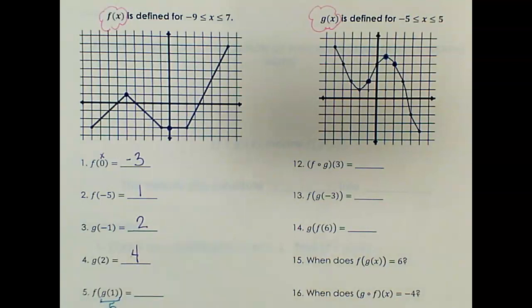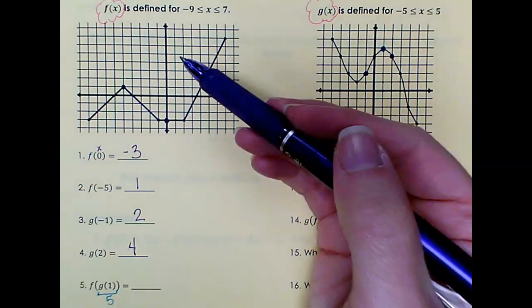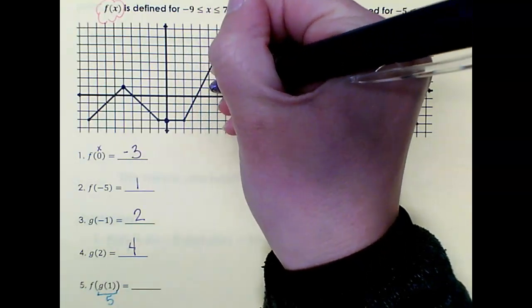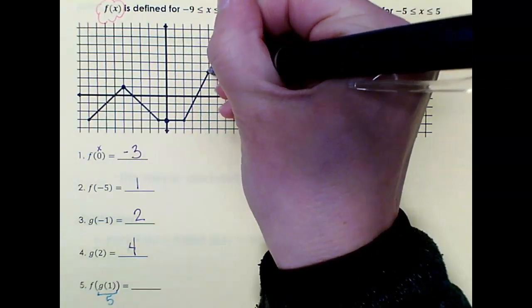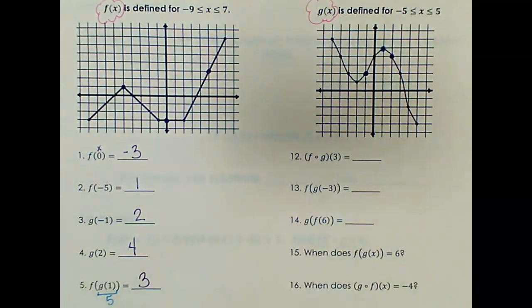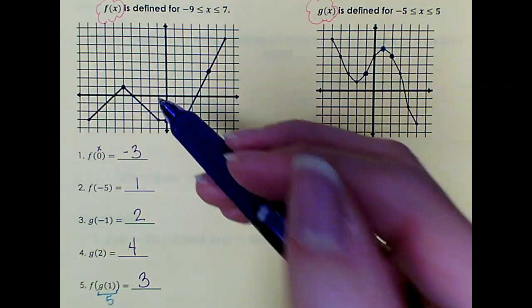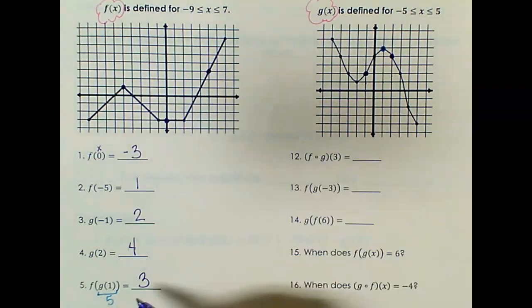So now my task is to find f of 5. Well, in the f function, if I go to 5, 1, 2, 3, 4, 5, I have to go up 1, 2, 3 to get on the graph. So I found g of 1 to be 5, and then I find f of 5 to be 3. So my answer is 3.